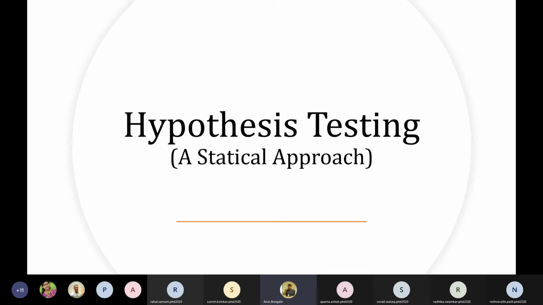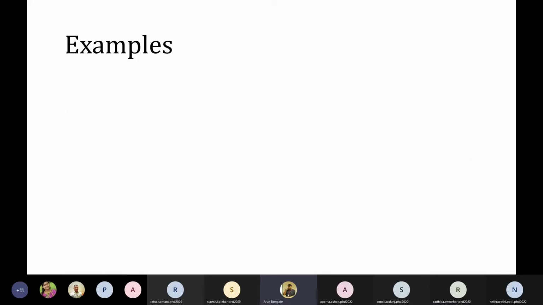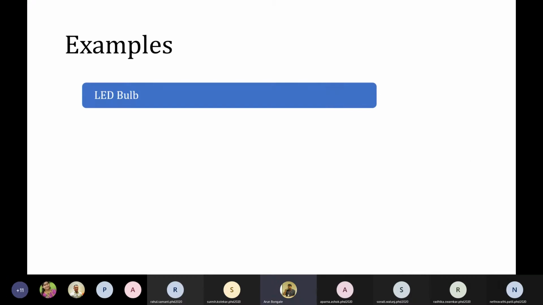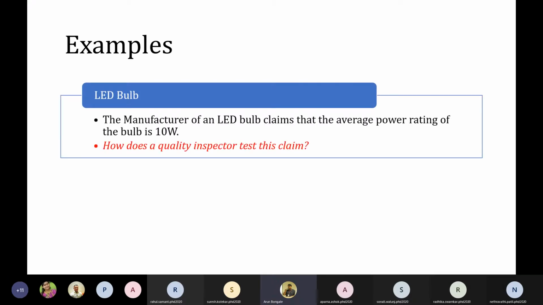We did examples in the previous class. Let me go through that very briefly. The first example we looked at was that of an LED bulb. The claim in this case is: a manufacturer of an LED bulb claims that the average power rating of the bulb is 10 watts.